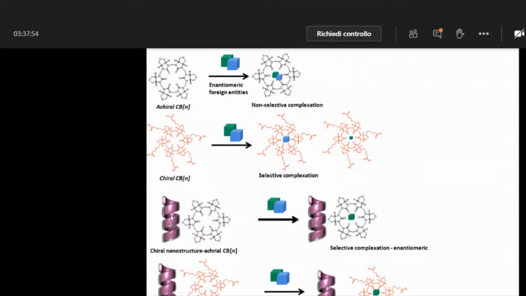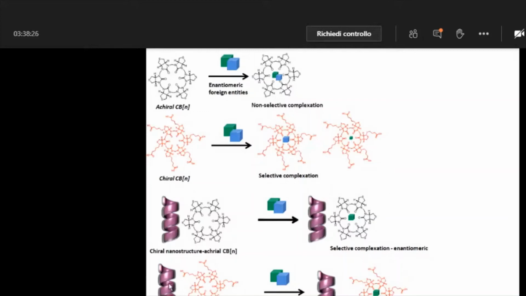If you have chiral nanostructures and an achiral cucurbituril, for example, it will have a selectivity because of the chiral nanostructure template, but not because of the cucurbituril. But if you combine the chiral properties of the cucurbituril and the chiral nanostructures, the chiral properties of both get enhanced together.